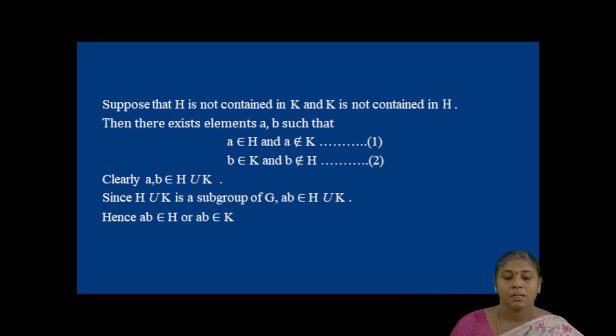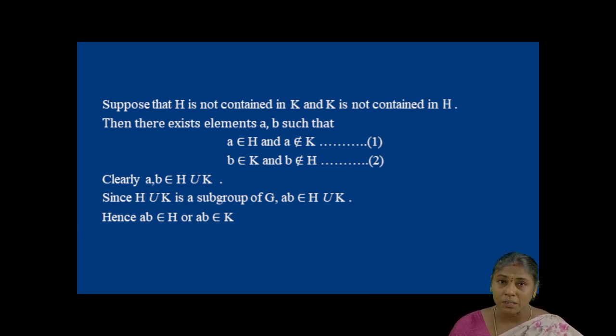So since H union K is a subgroup of G, AB also belongs to H union K. Hence, AB belongs to H or AB belongs to K, because if we consider an element in the union of two subgroups, then either the element will belong to the first one, or it may belong to the second one, or it may belong to both.